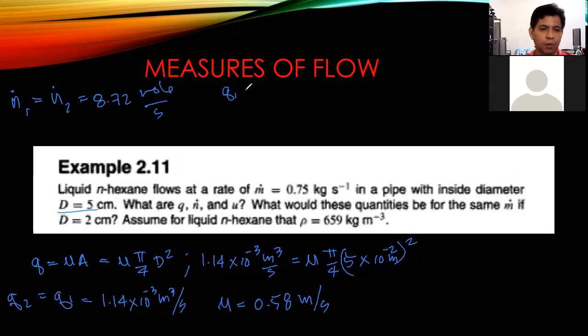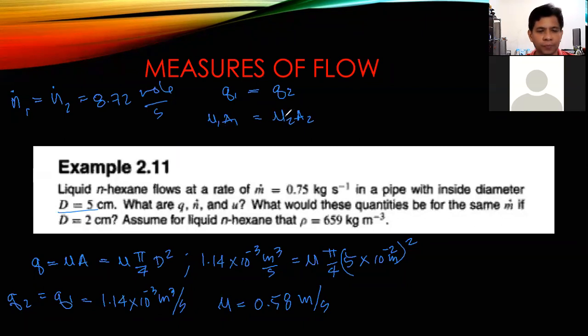So kung constant yung volumetric flow rate, itong equation na to, velocity 1 times area 1 is equals to velocity 2 times area 2, will also be true, no? This is specific sa liquid. Kasi water to, di ba? Hexane, so liquid to. This is only true for liquid, ha? Mamaya we'll have some problem sa gases. Makikita nyo merong specific volume. So, sana hindi kayo malito. So, this is only true for liquid.